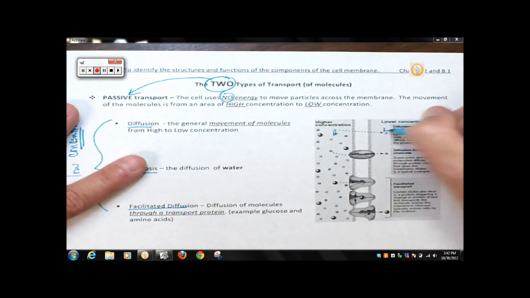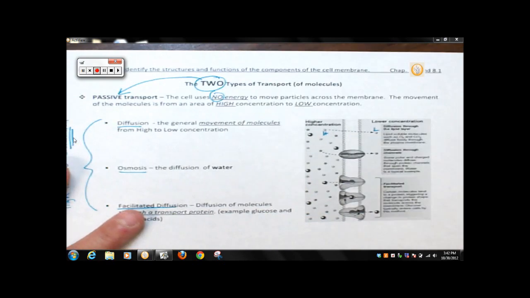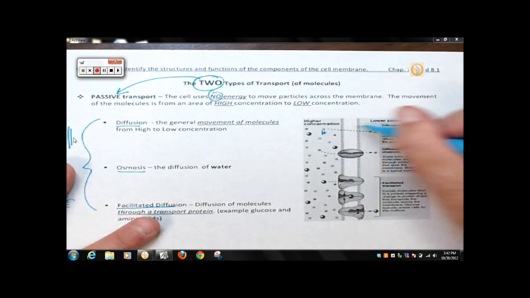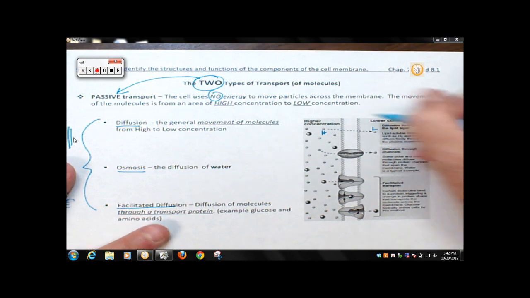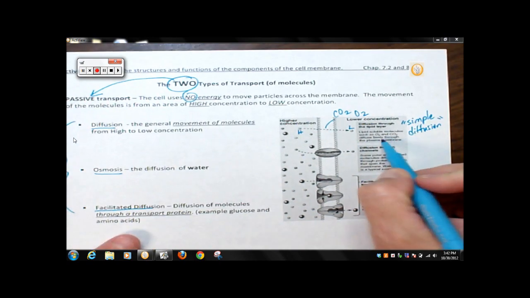And they're going across the membrane, not through a protein, just through the phospholipid bilayer. This type of transport would be like if it was carbon dioxide or oxygen. And this is known as simple diffusion. You'll see that explained right here in this little paragraph.